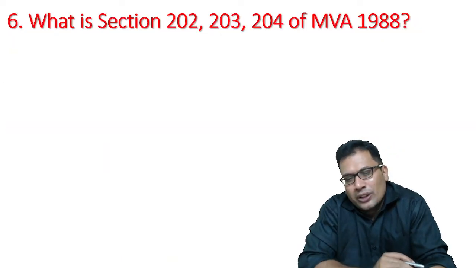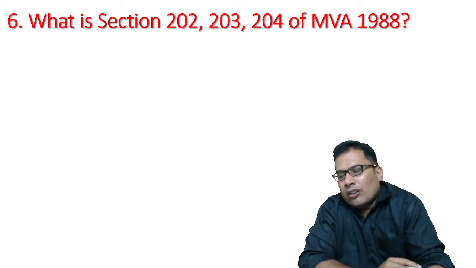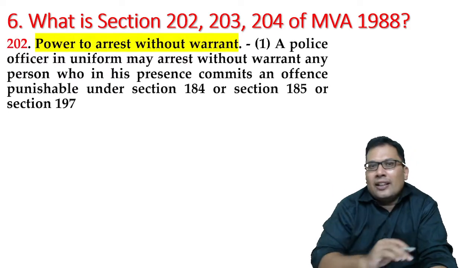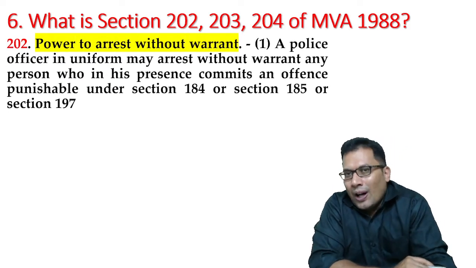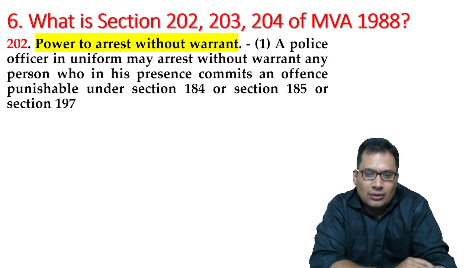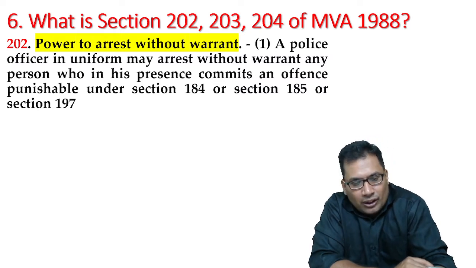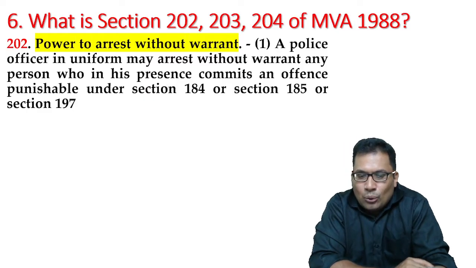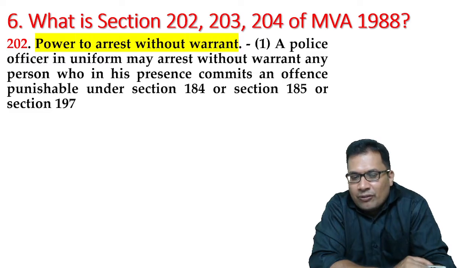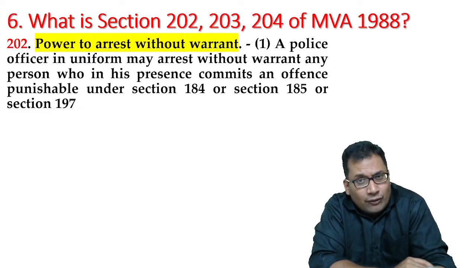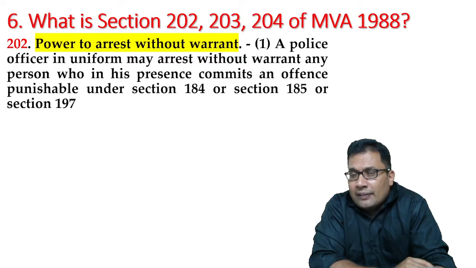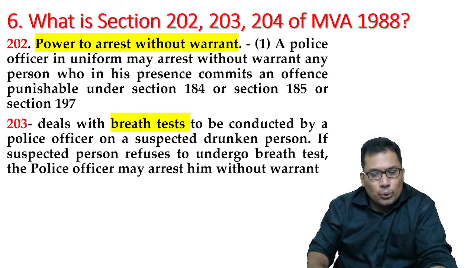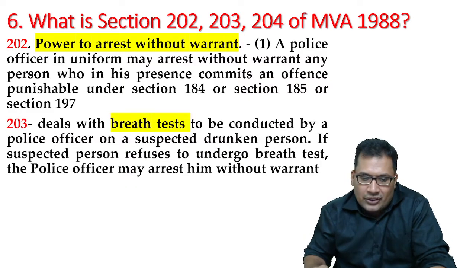What is section 202, 203, 204 of the Motor Vehicle Act? 202 is related to the power to arrest without warrant. A police officer in uniform may arrest without warrant any person who in his presence commits an offence punishable under 184, 185, 197 of the Motor Vehicle Act. 203 is related to breath test.